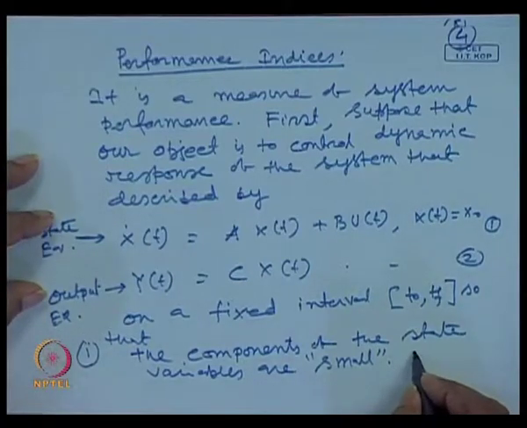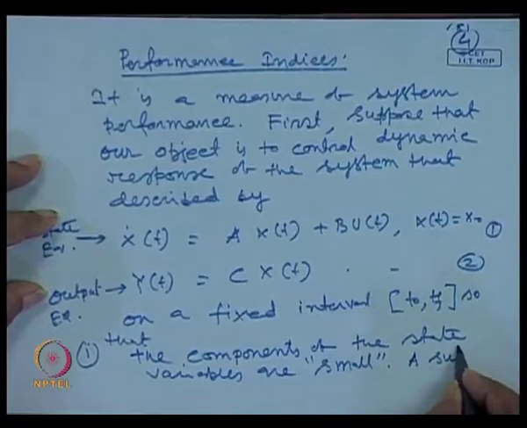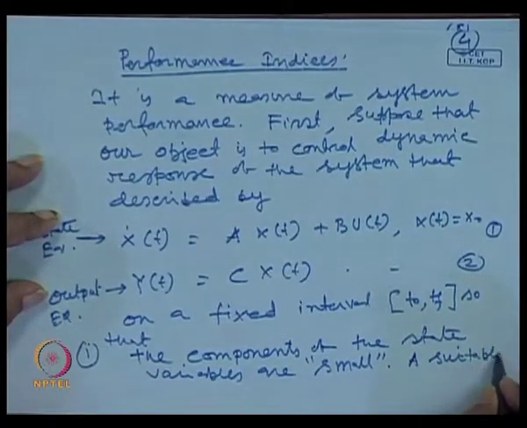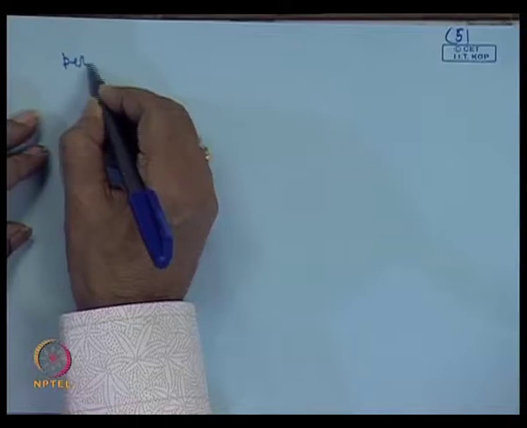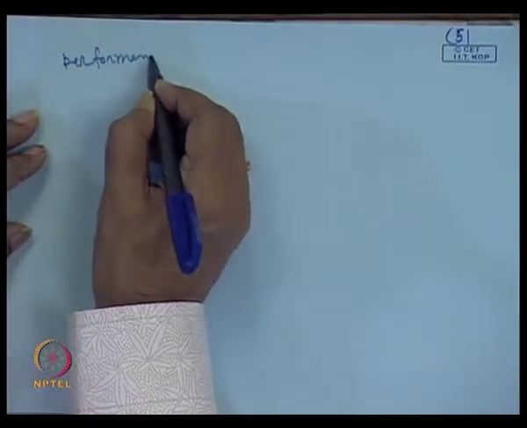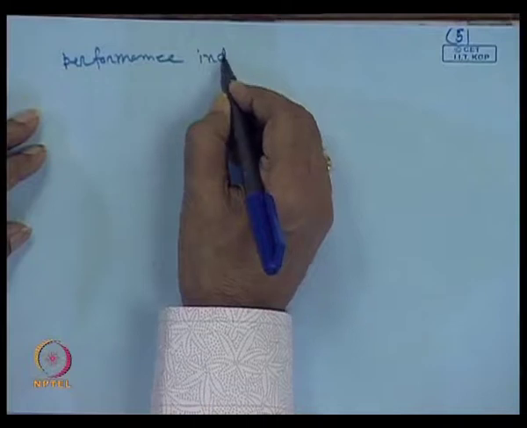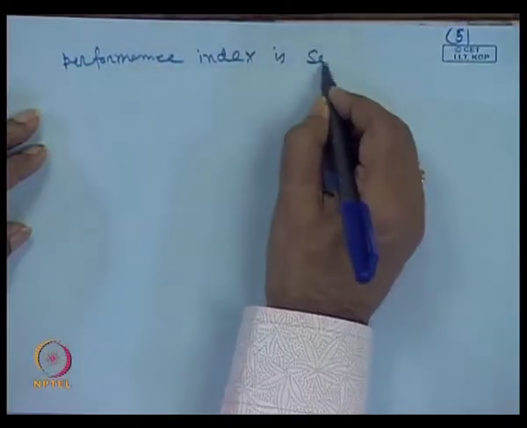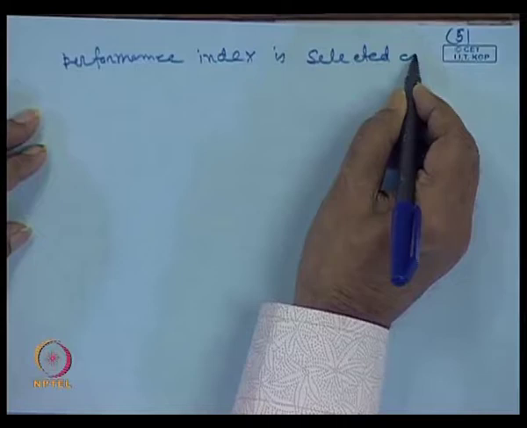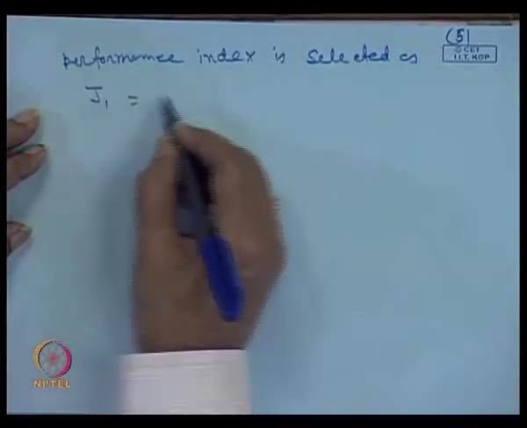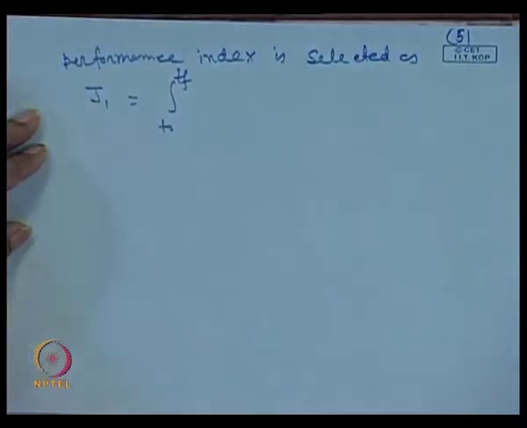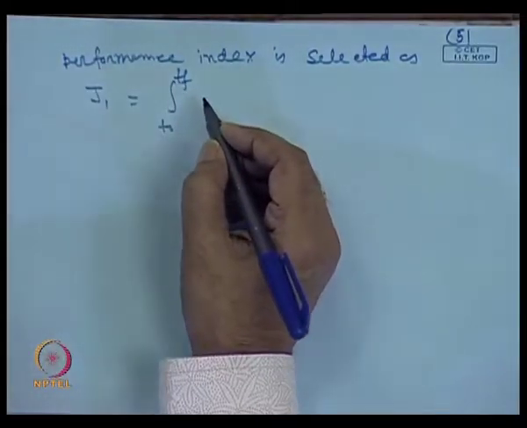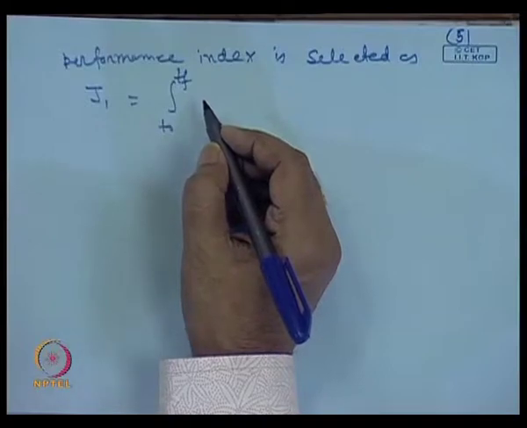So, a suitable performance index is selected as follows. Our performance index J 1 is the integral from t 0 to t f, because over the time interval t 0 to t f our state variable components should be small.